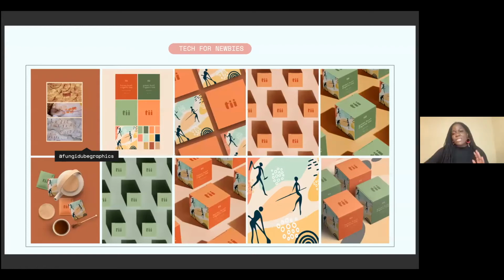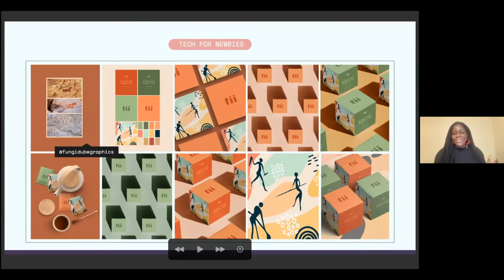There's a lot more to say, but we would need a lot more time, but I'm just breaking it down so that at least we have an appreciation of what's going on. So as we move on, how do you actually learn brand design, right?